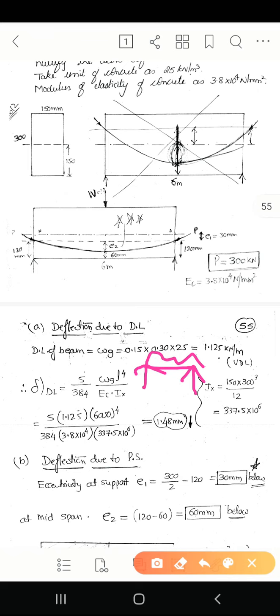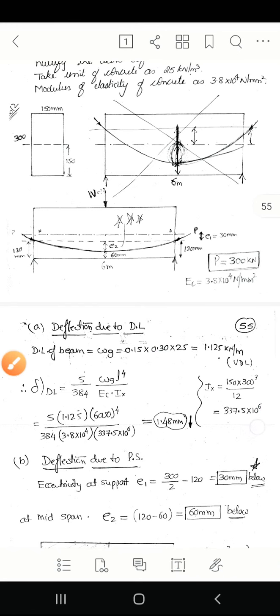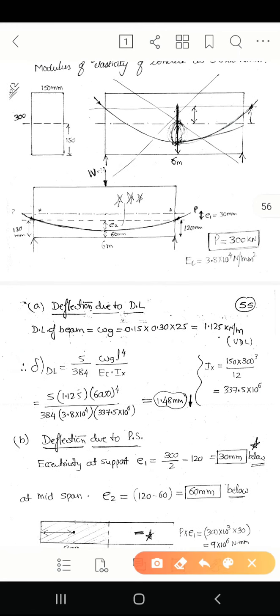So we can calculate the deflection due to dead load with a UDL force, that is 5 by 384 into W L to the power of 4 by EC into IXX. So IXX we can calculate by using BD cube divided by 12, mm to the power of 4, right? So after calculating IXX we can substitute the values.